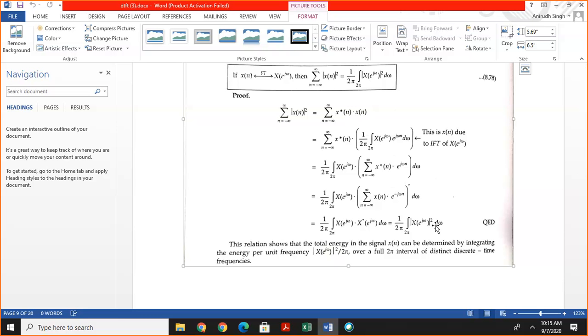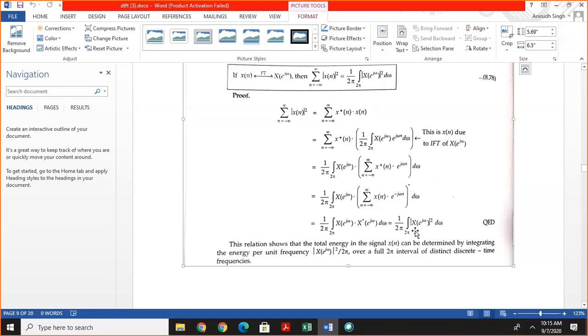We can simply calculate the Fourier transform of the discrete time signal, and then this is the area of the square of X of e^{j omega}.